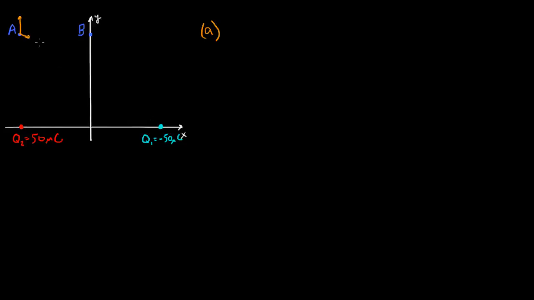So here is E1 at that point and E2 at that point. And E at A is equal to E1 at A plus E2 at A.